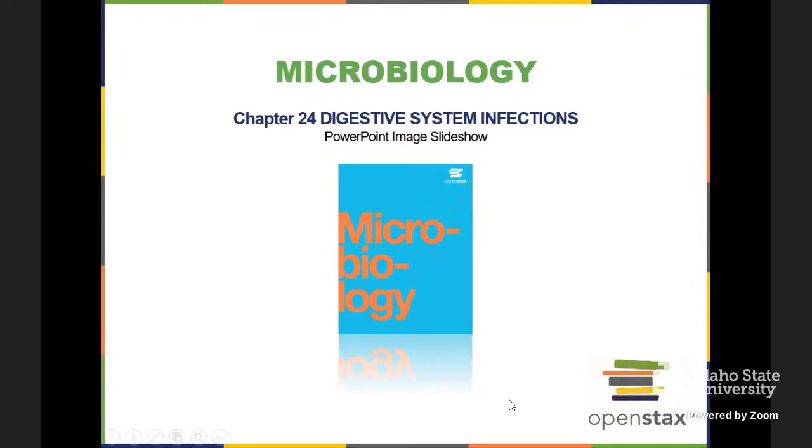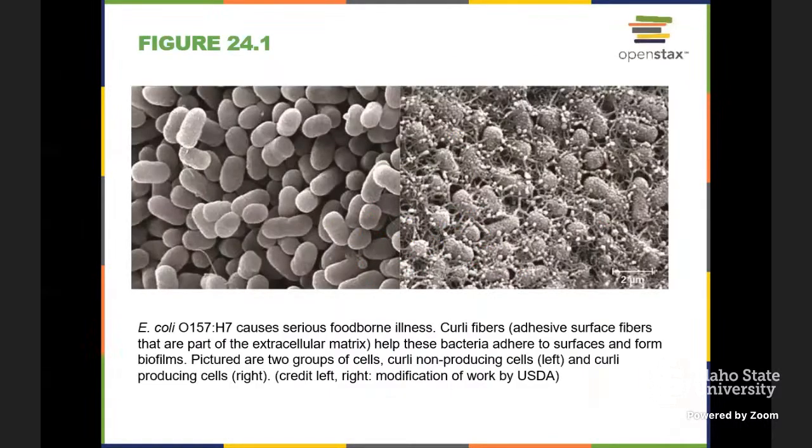Not that STIs aren't something that we could observe as well. When I think about GI issues, oftentimes E. coli is one of the first things that pops into my mind, and it's nice that that's who we start with in this chapter.